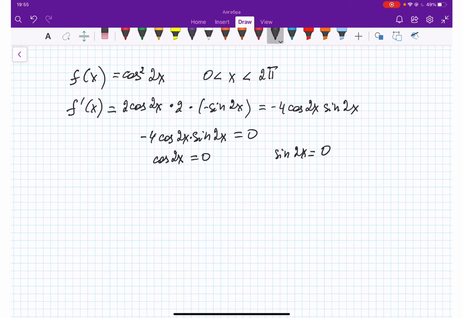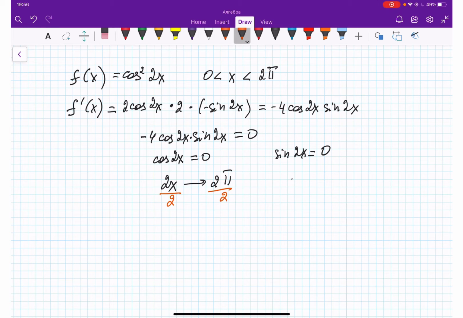Okay, so let's find the points where cosine 2x is going to be 0. First of all, we know that cosine x has period 2 pi, right?